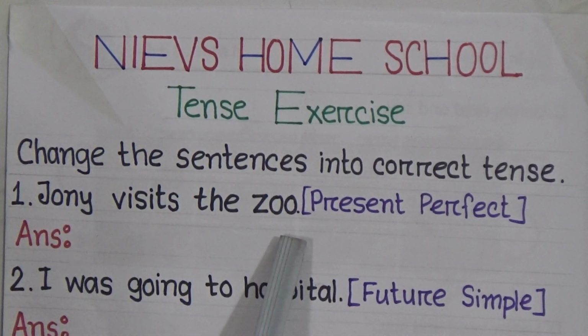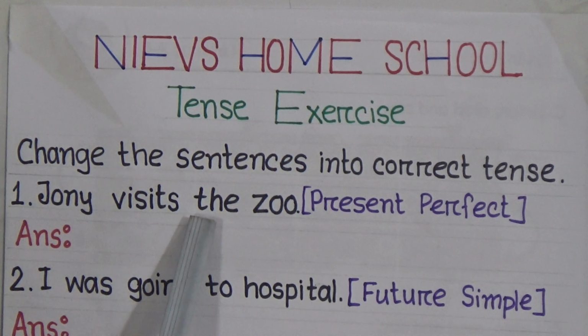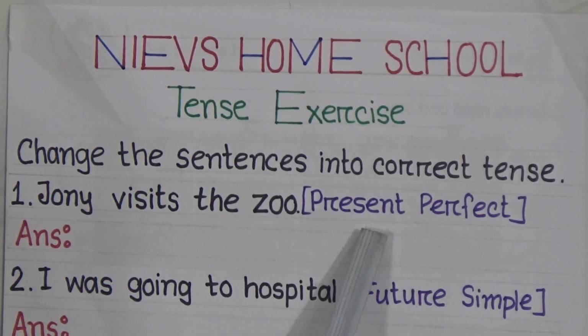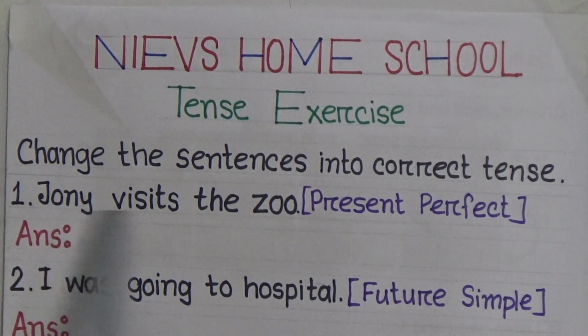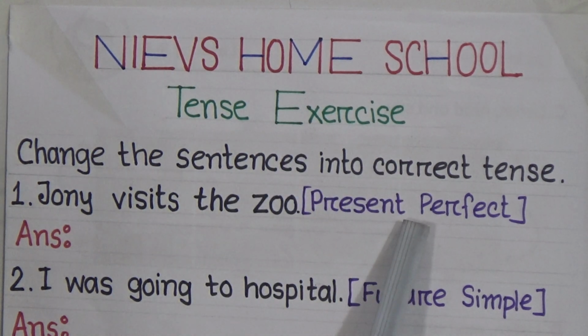So this is in present simple tense or present indefinite tense, and you have to change this sentence into present perfect tense. So I hope you can understand what you have to do.